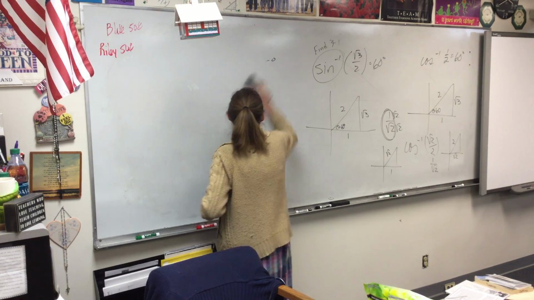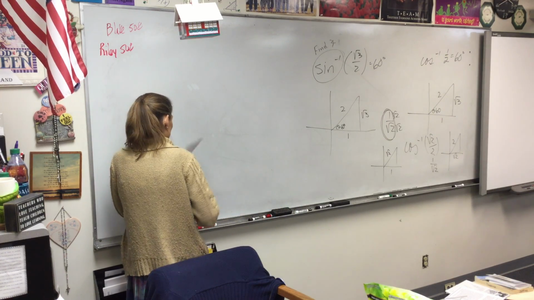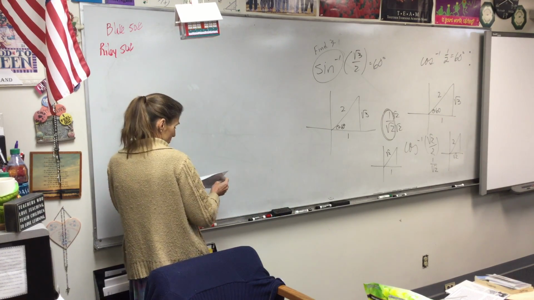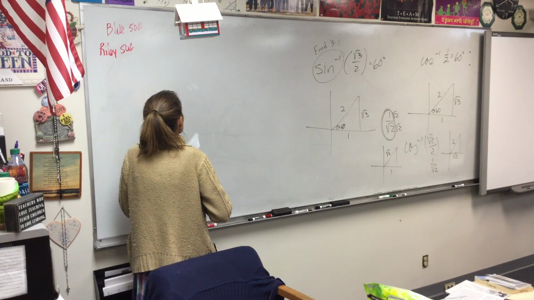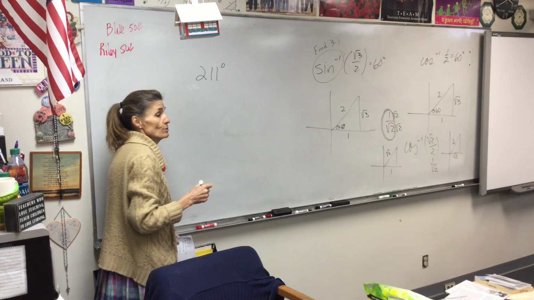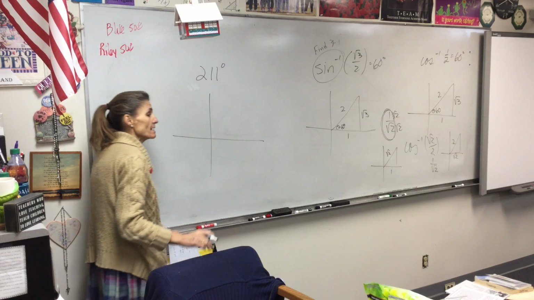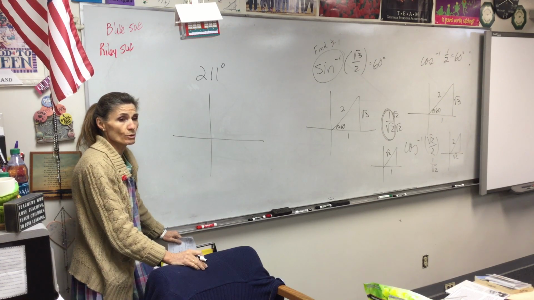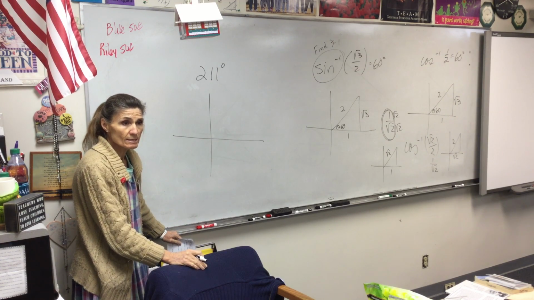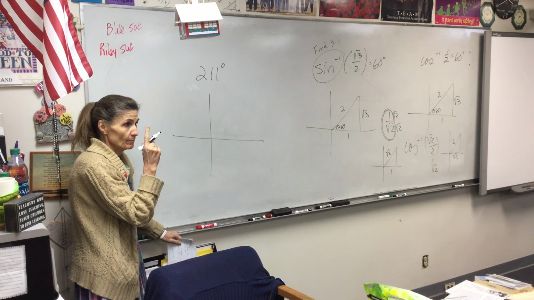Quiz number 2, number 6. It says, draw a course of 211 degrees. A course, that's navigational. So if I'm going to draw a navigational course of 211 degrees, where do I start? Right.